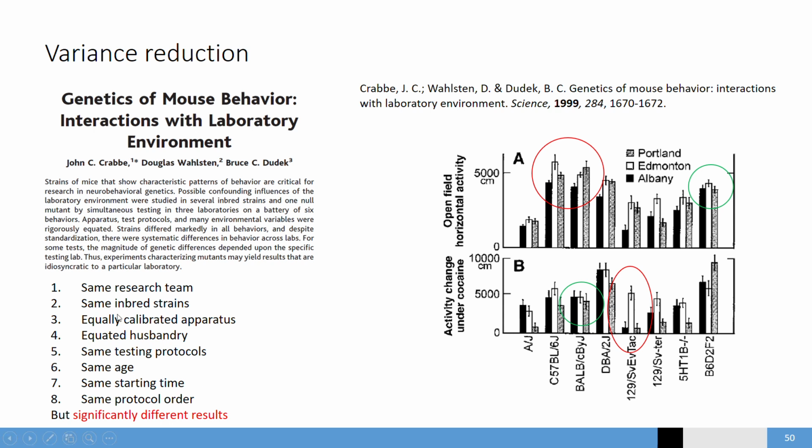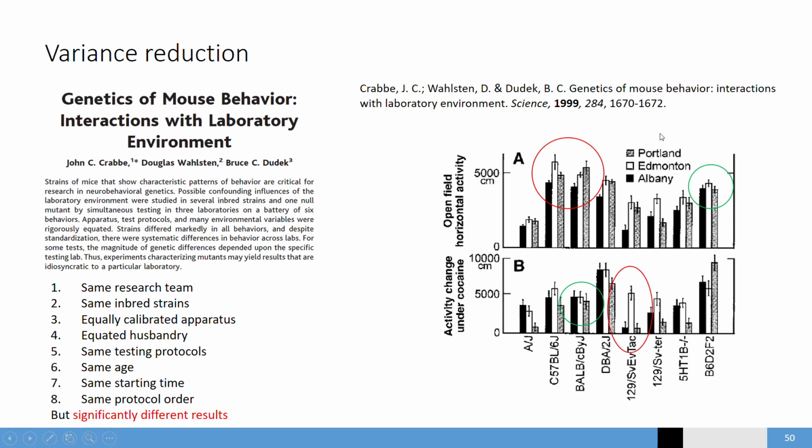For instance, they were the same research team, the same inbred strains, the same equally calibrated apparatus, equated husbandry, everything that they could think of, they made it the same. The only change was the lab where they did the experiment.